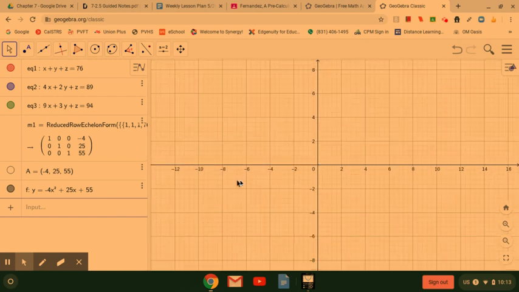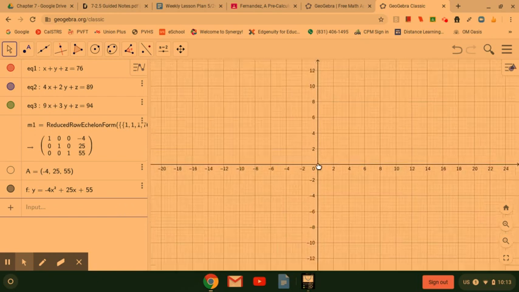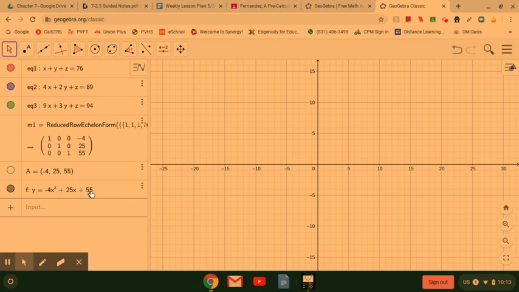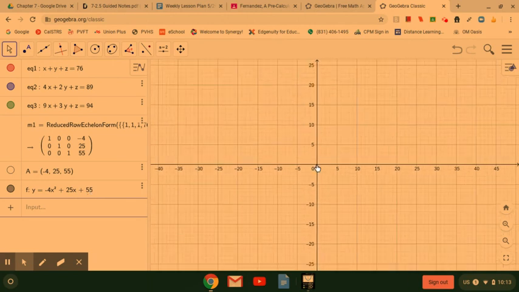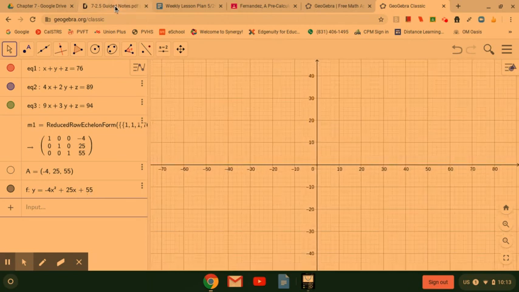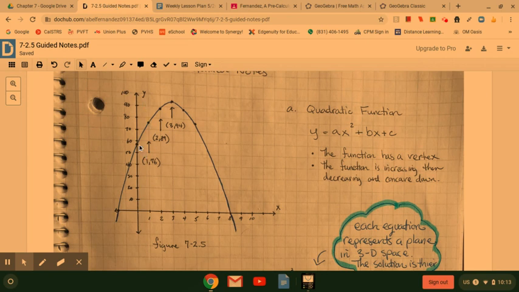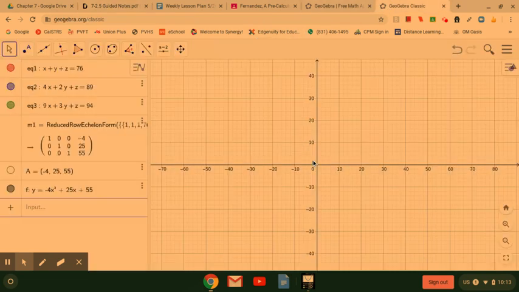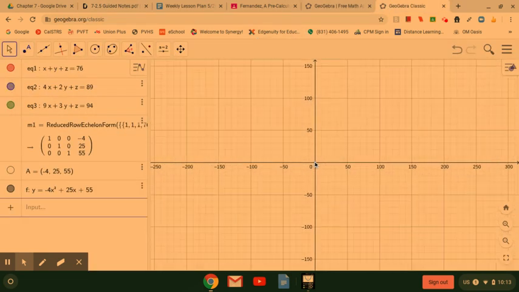So the y-intercept is 55. This last number is 55. So for the parabola, if you look up here, that's 55. I kind of drew it wrong. Should be 55. Anyways, that's why we use computational tools.